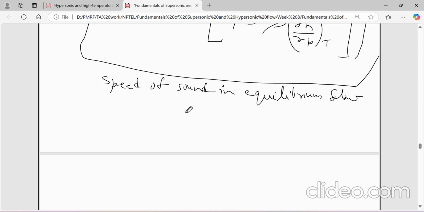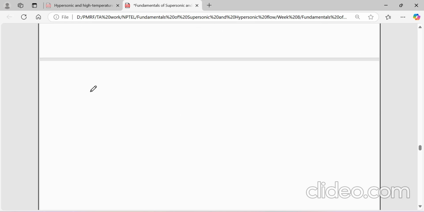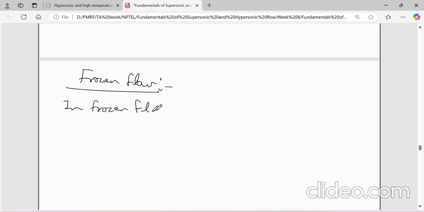And now we will see for frozen flow. So in frozen flow, there is no chemical reaction.